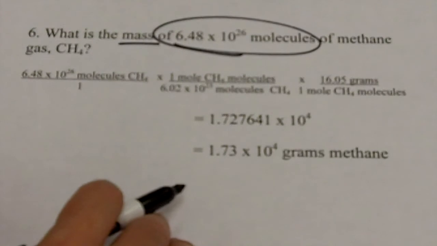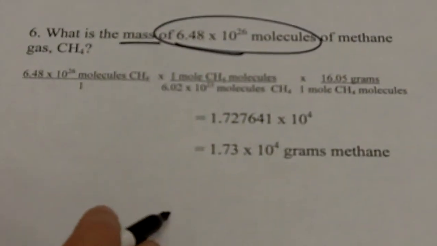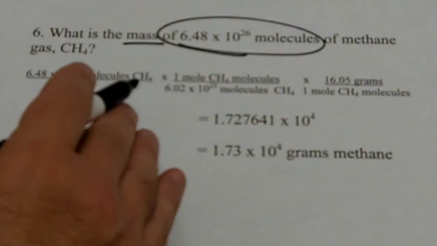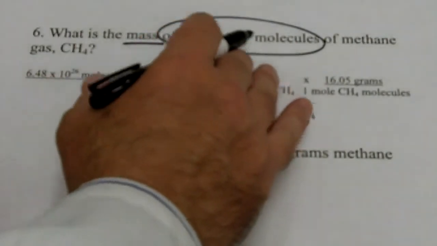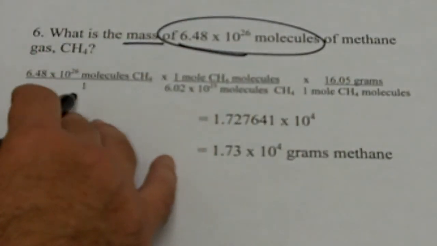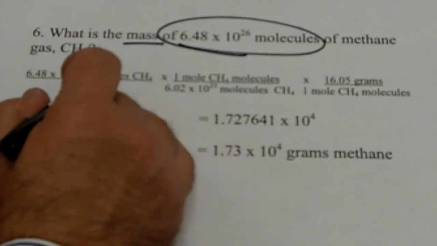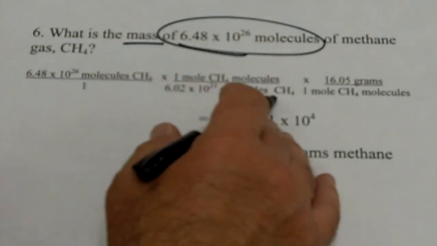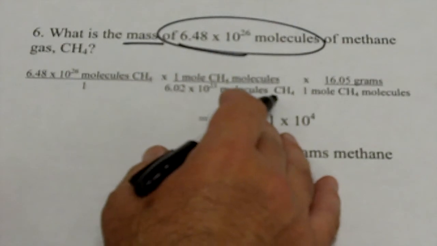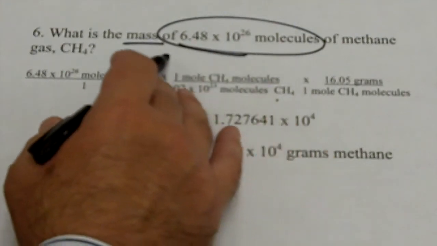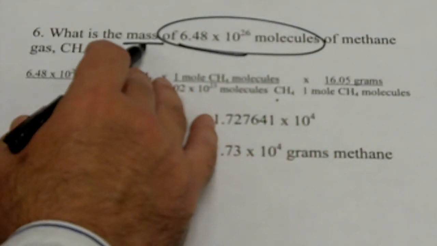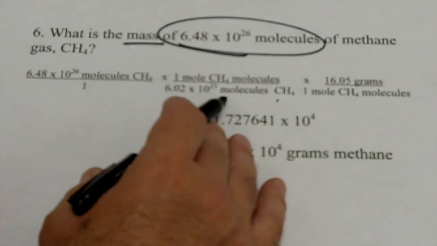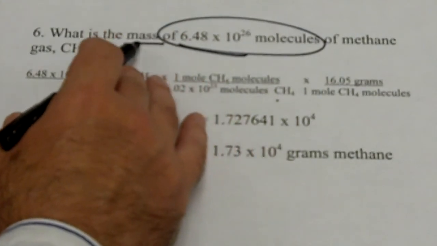So what we're going to do first is write down what we know. In this case, we have 6.48 times 10 to the 26th molecules of CH4. Put that over 1. Then times whatever unit is there, molecules of CH4 is going to go right there. And whatever unit I want goes right here. Now, unfortunately, I'm looking for mass, and I can't go directly from a molecule to a mass.